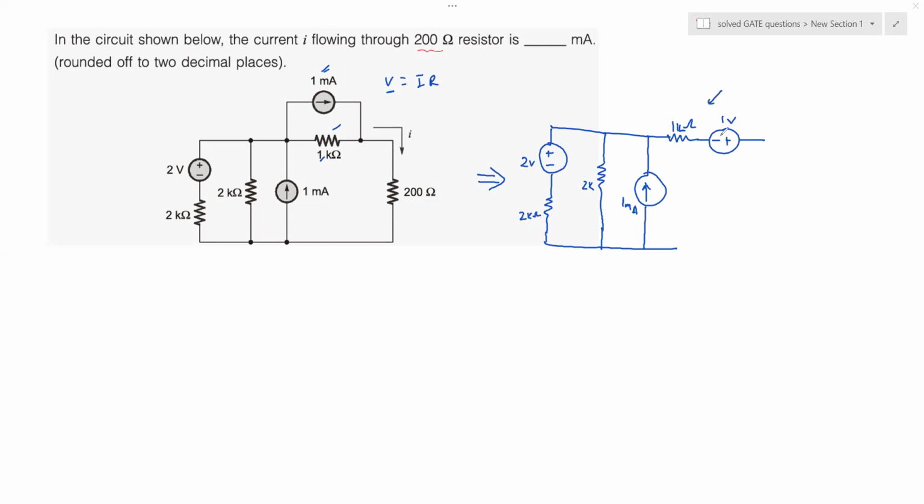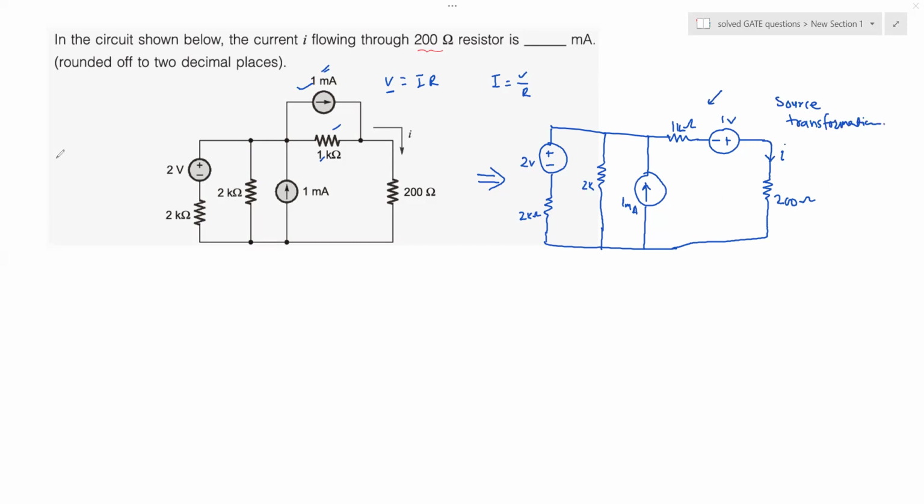Similarly, if you take the dual of it, I would be V over R, so 1 volt divided by 1K will be a 1 milliampere current, as we can see here. And then you have this 200 ohm resistance as it is. This is the current we actually want to find out. So this is what we call the source transformation method.